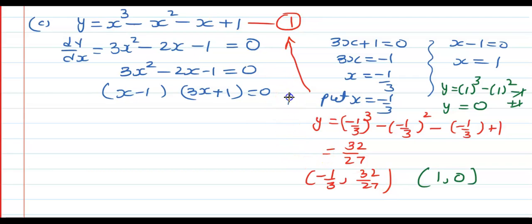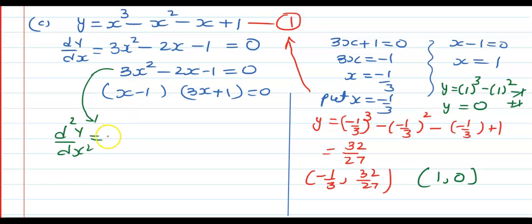Now the next bit is we need to find d2y over dx2. So let's differentiate to get d2y over dx2. It will be 6x minus 2, and we have 2 points. This is point 1 and this is point 2. So we need to check the validity of these points.